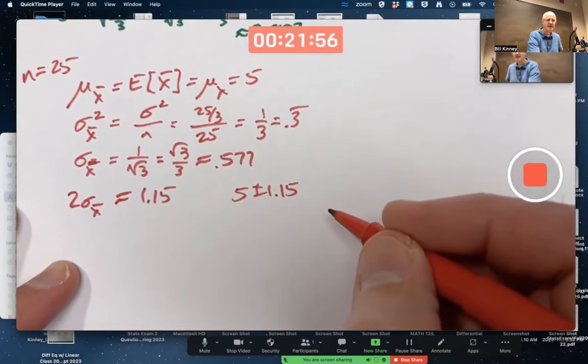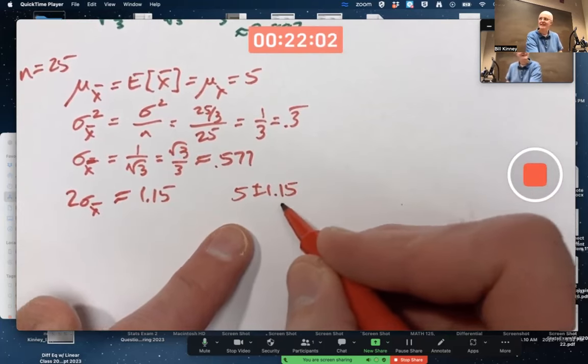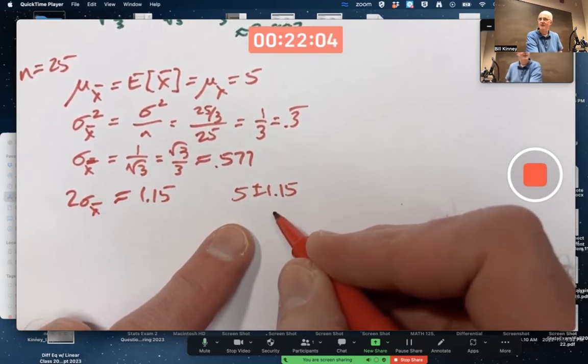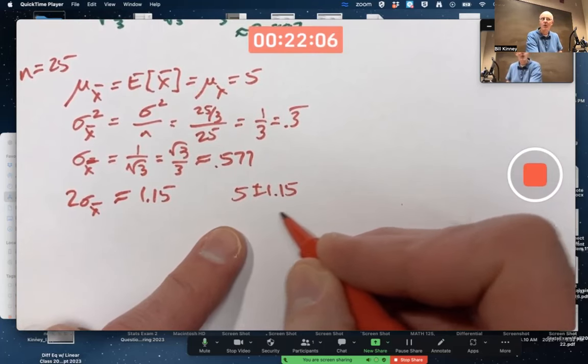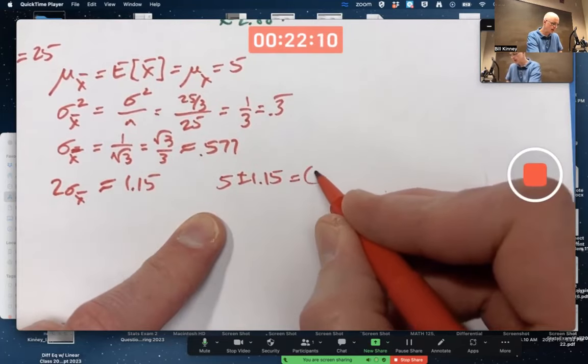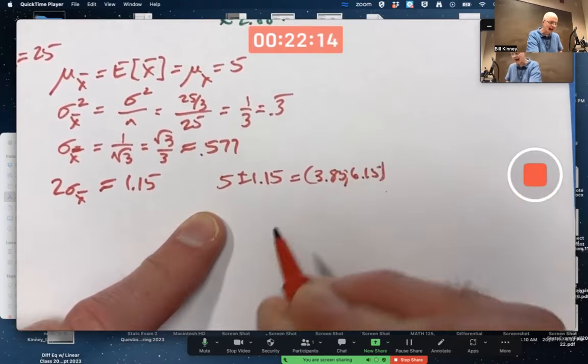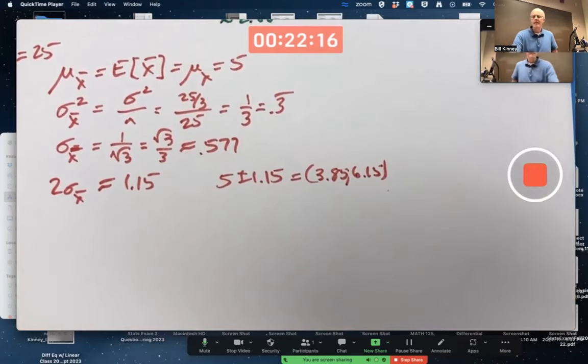I'm not doing a confidence interval here, by the way, because 5 is not an observed value of X bar, and I'm not using a confidence level or anything like that. I'm just saying what's within 2 standard deviations of the mean. This goes from 3.85 to 6.15, not a confidence interval there.